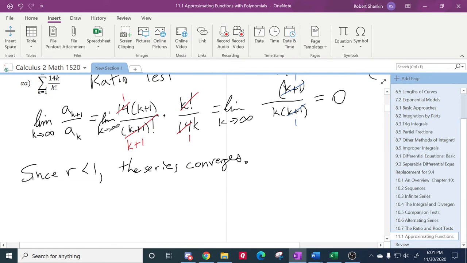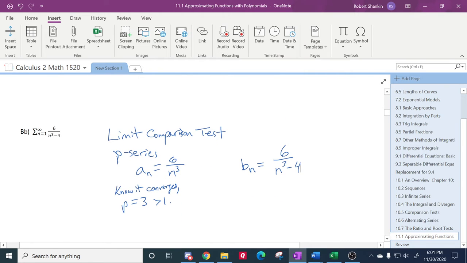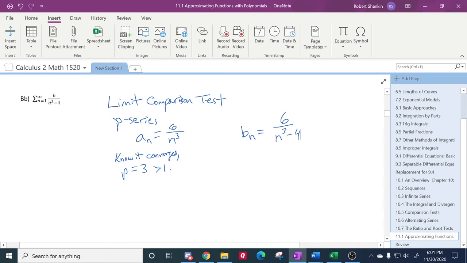This is also a limit as k goes to infinity, but not comparing the term with another portion of itself. This one is comparing two different things. So you take the limit as k goes to infinity. It doesn't matter which order you put them in: a sub n over b sub n, or b sub n over a sub n.